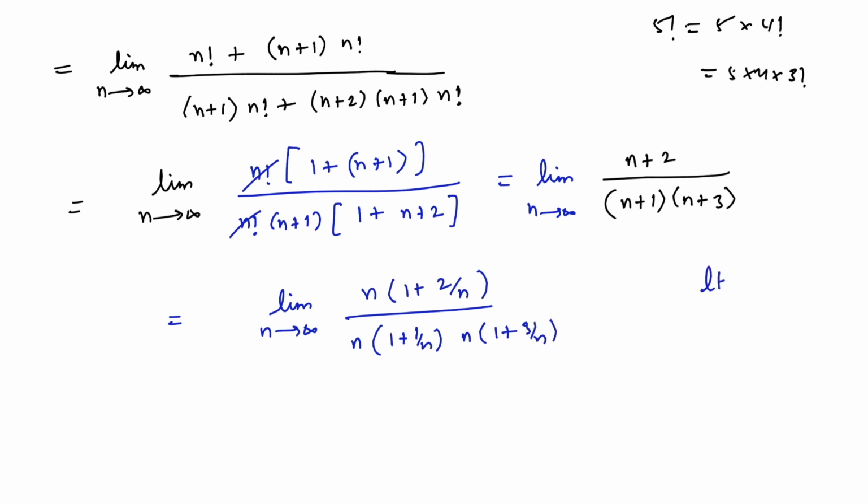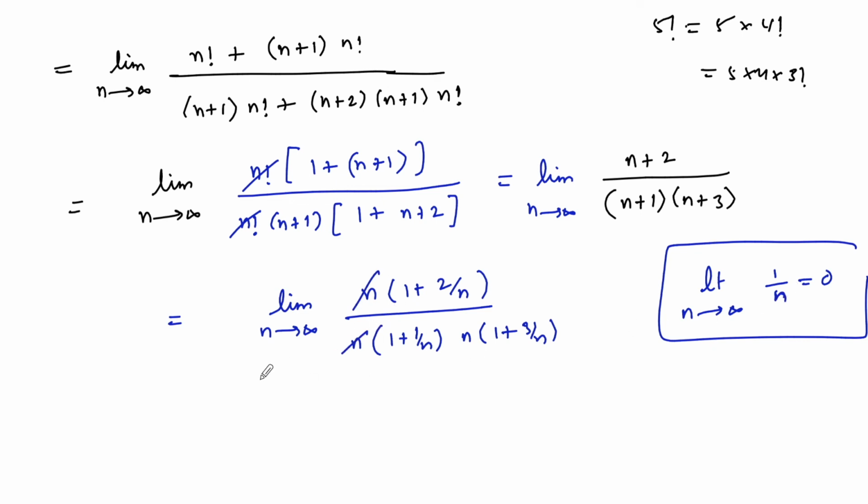Since limit as n tends to infinity, 1 upon n tends to 0. So limit n tends to infinity, 1 upon n value is 0. So we can cancel here n, and then we can apply this limit.